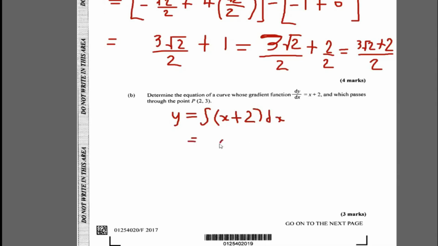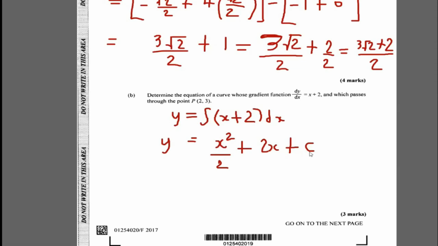When we integrate this, we get x squared over 2 plus 2x plus some constant of integration, maybe call it c. This is y.